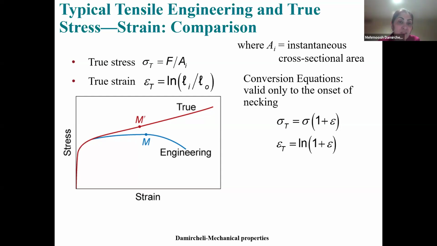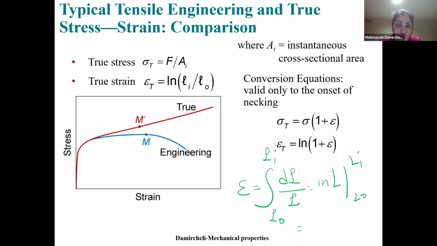What is Ai? It means instantaneous cross-section area. And epsilon, as you know, is the integral of dl per L between L naught and L at each time, yeah? That I show, for example, is Li. This integral is ln L between L naught and Li, so it should be ln Li minus ln L naught, which converts to this equation.